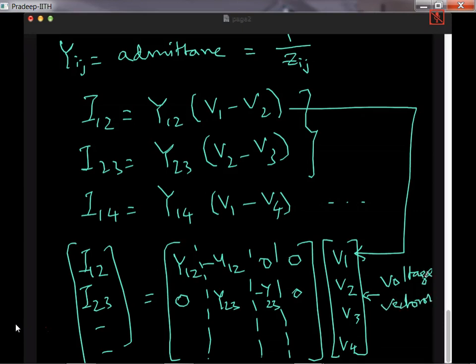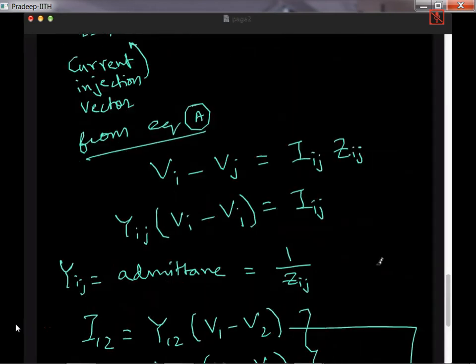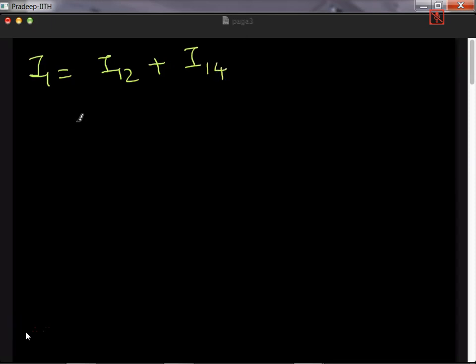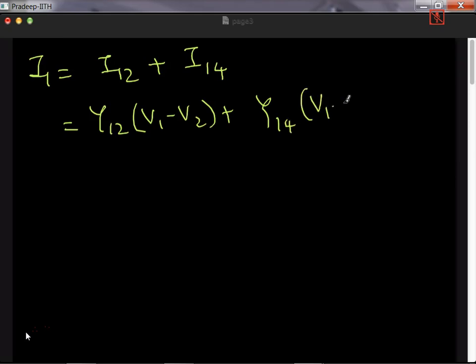So now I want to combine the voltage vector and the current vector into one single equation. So this is the current vector I have. I want to combine it. So how to combine? So I12 I know already, I14 I know already. So I can just add them and finally I can get a vector. So let me go to the next page. So this is nothing but Y12 into V1 minus V2 plus Y14 into V1 minus V4.